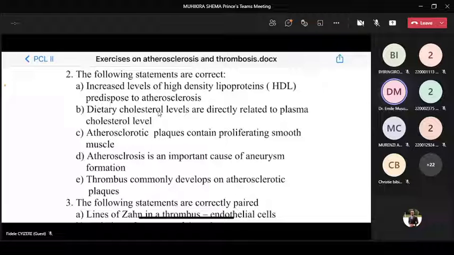It doesn't mean when you eat dietary cholesterol, it immediately increases plasma cholesterol level. It is not true. Research has shown that there are other factors related to cholesterol level, but it doesn't mean you have to eat much cholesterol. Okay?